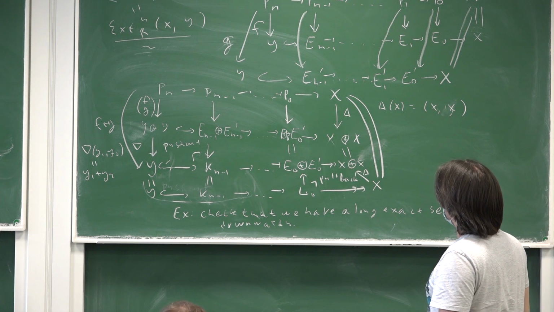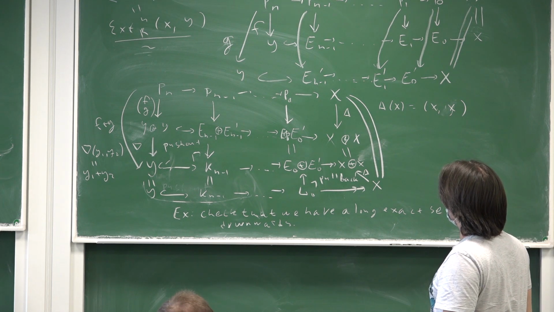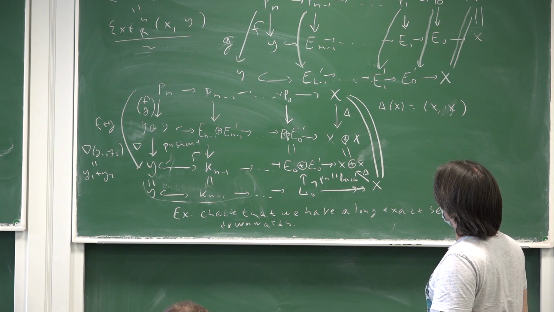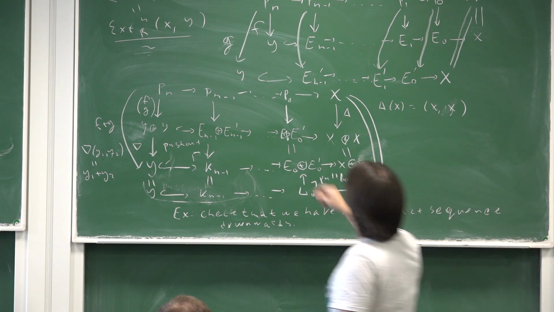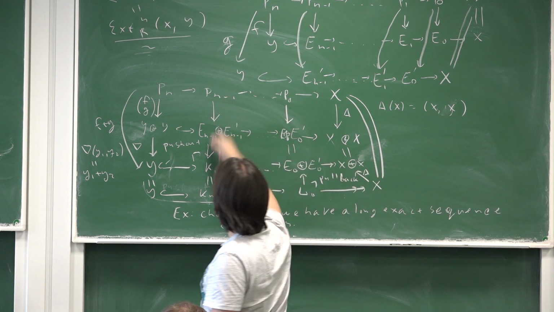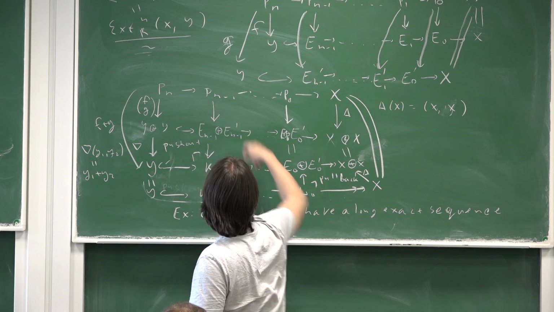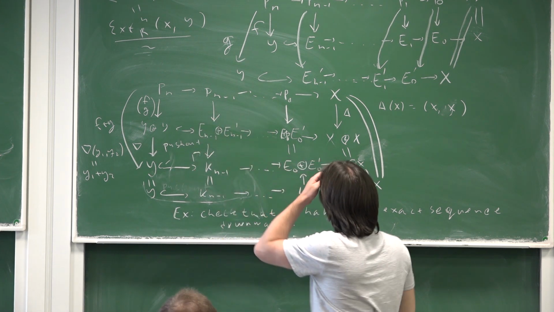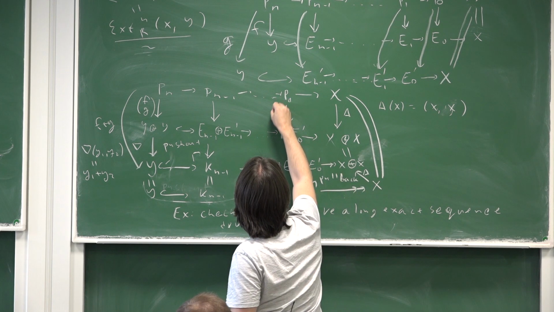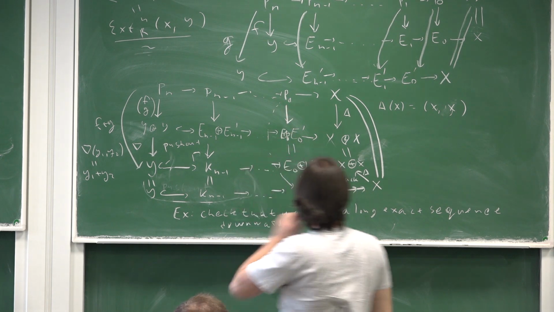Well, we also need to, what do we also need? We also need a map from, like we still have maps from Pi to these members starting from 1, and we need a map from P0 to L0, in fact.